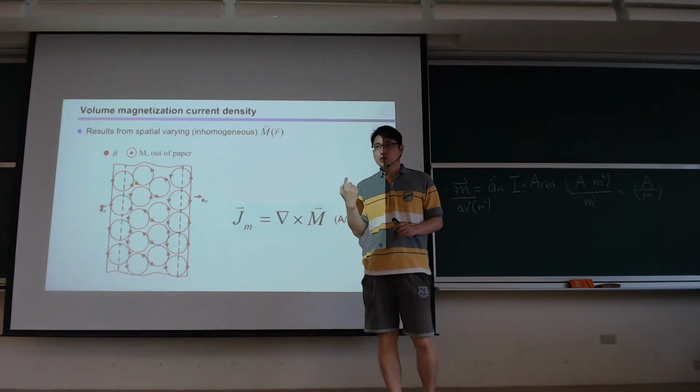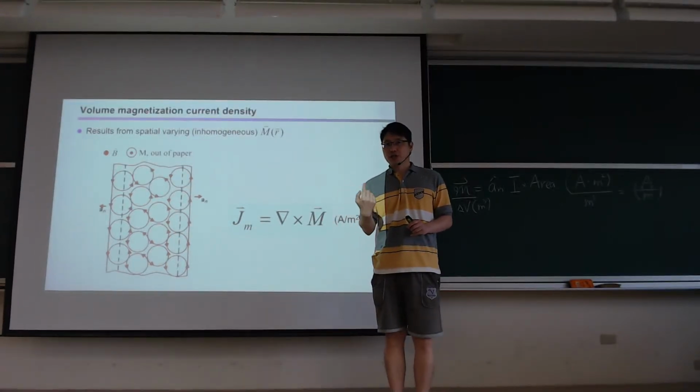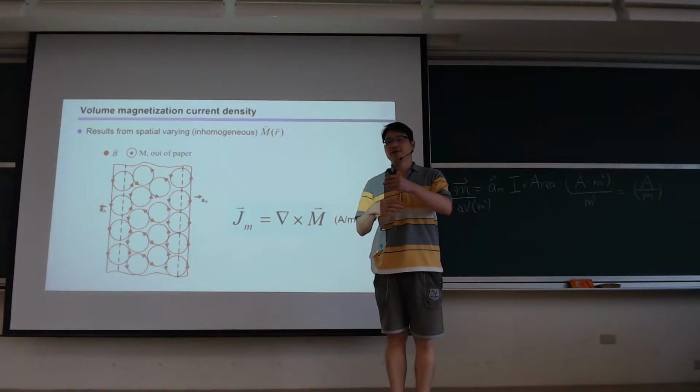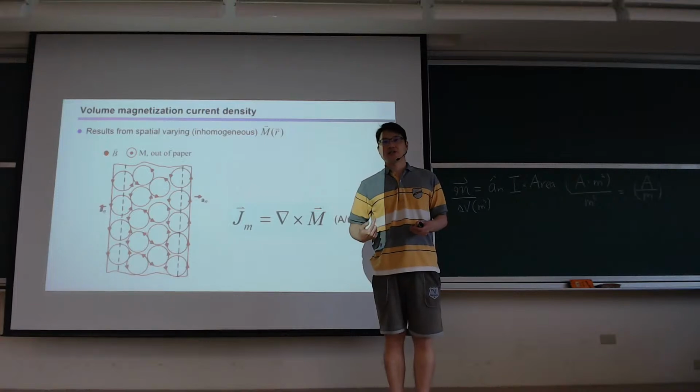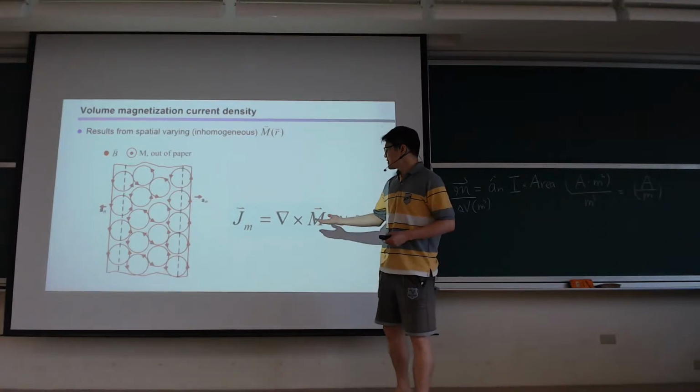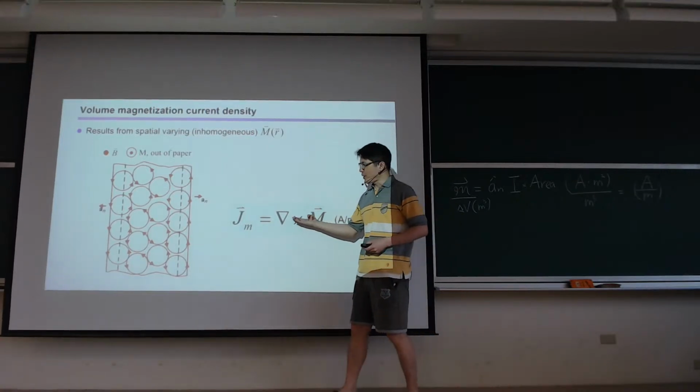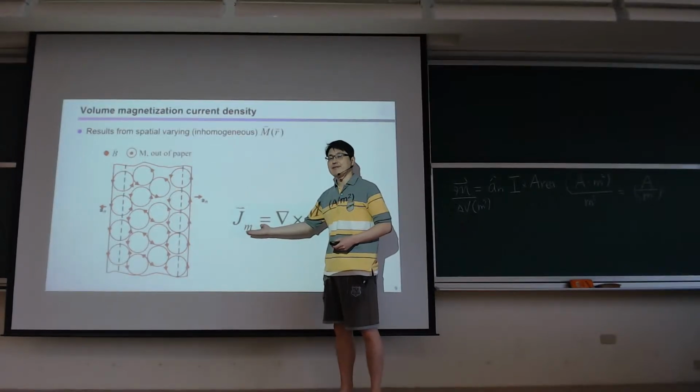Curl is trying to find the circulation. So you have to form a closed loop, and you find the net circulation. If it is not zero, you have an effective volume magnetization current density.